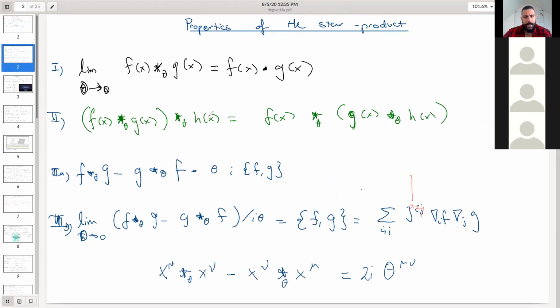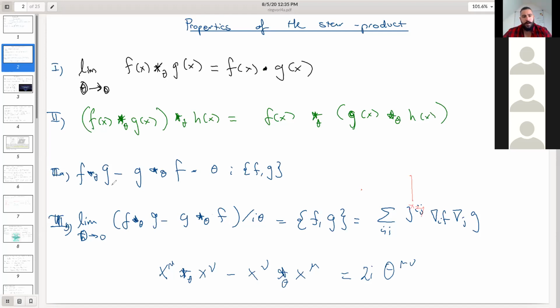Furthermore, there are properties of this star product. The one that I just mentioned, the commutative limit, is very important. Then there is also one that says it's associative, right? So if I take f star g, then star h, it's the same as f star, g star h.